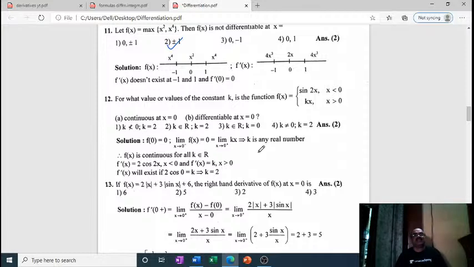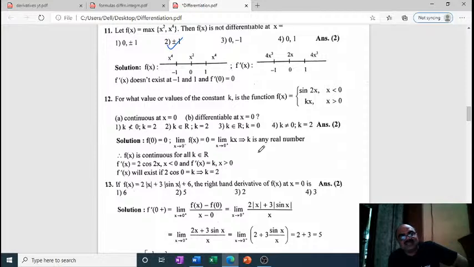A, continuous at x equal to 0. B, differentiable at x equal to 0. f of 0 is equal to 0, the limit as x tends to 0 of f of x is 0, the limit of kx is 0, k is any real number.